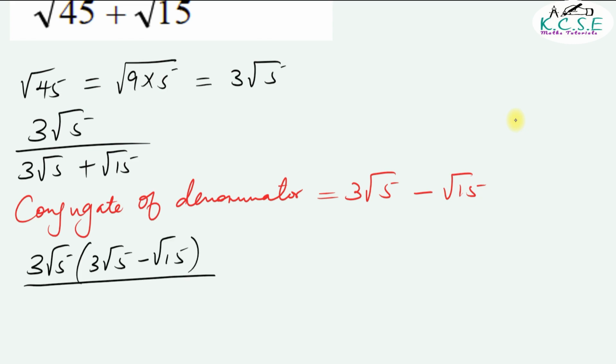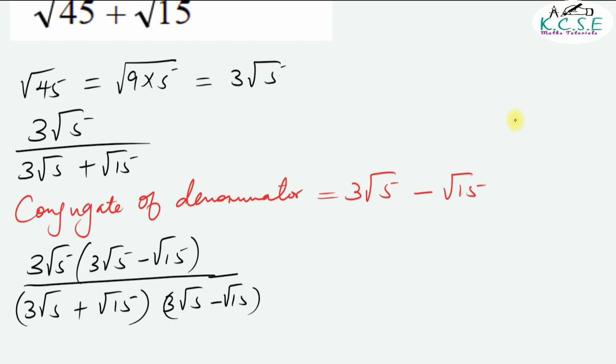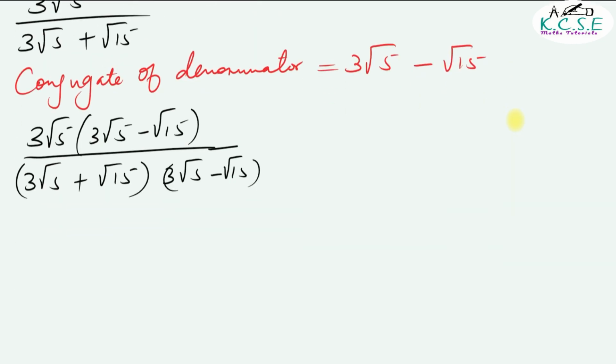Then the denominator is 3 root 5 plus root 15 multiplied by 3 root 5 minus root 15. Let's begin with the numerator. 3 root 5 multiplied by 3 root 5 will give 9 root 25, which will give 45.